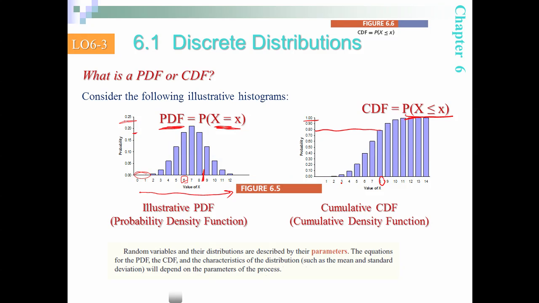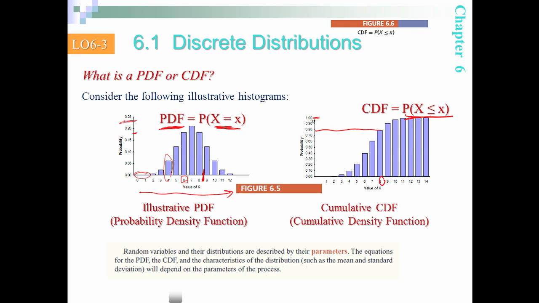But then once we get to 3, we're going to say, well, what did we have before? It was 2 plus this value here. So that gets added on. When we get to 4, we're going to say, what did we have before? We had 3 plus, we're going to add in this value. And so you get this kind of nice looking S-shaped curve that goes up to and approaches 1 eventually.